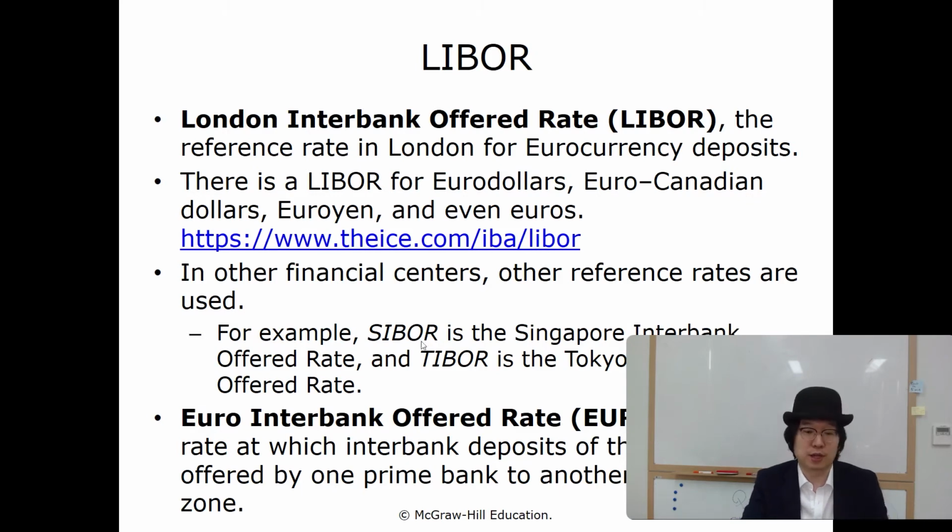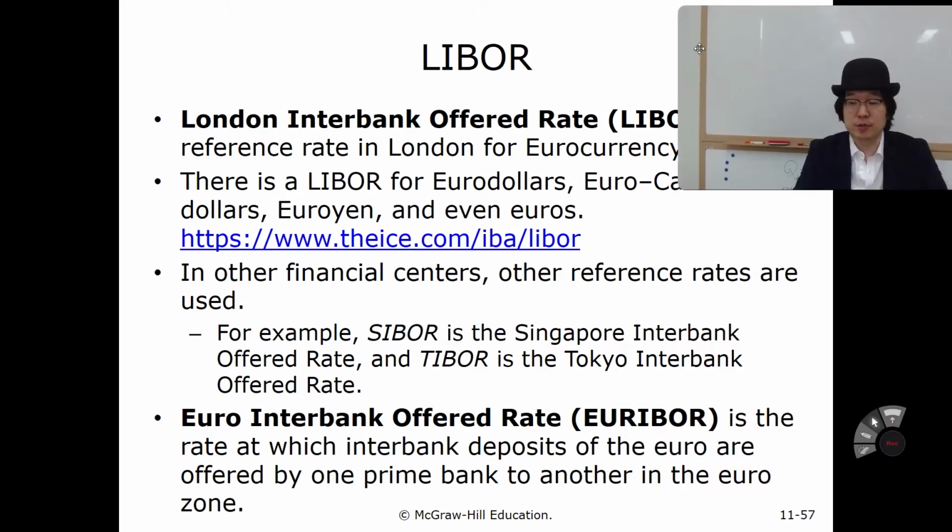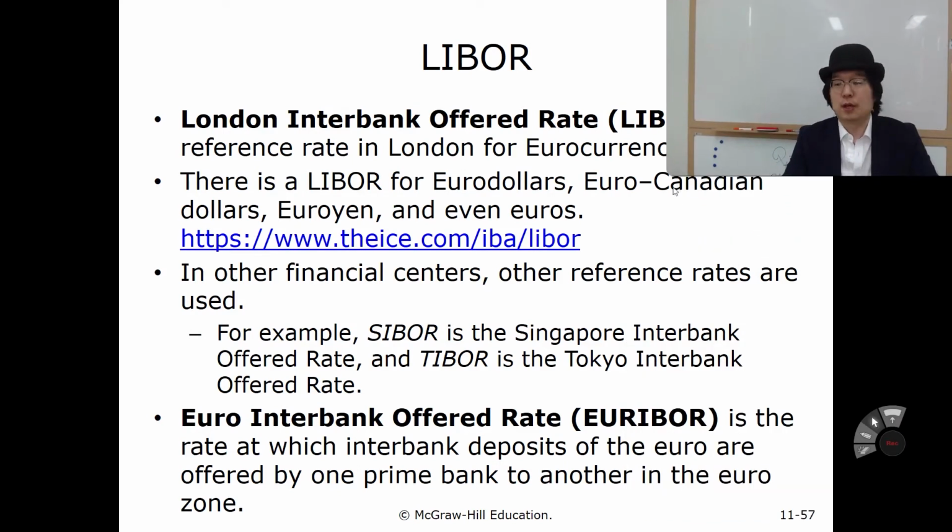Right now this LIBOR fixing, as we call it, the LIBOR pricing, is done by ICE. You can go ahead and check out this website, and you will be able to see what's going on over there.